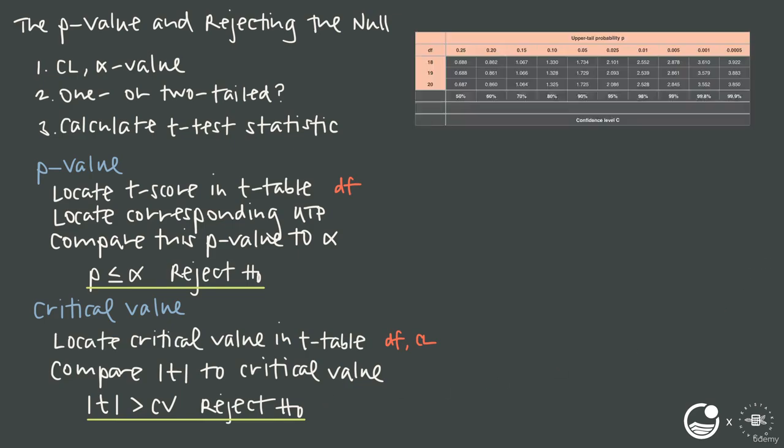So let's pull up here a t-table, and I've consolidated this table so we're just showing the rows for 18, 19, and 20 degrees of freedom instead of looking at the entire t-table, because we're going to go through an example here where we choose a confidence level of 95%, therefore an alpha value of 5% or 0.05, and we'll run a two-tailed test.